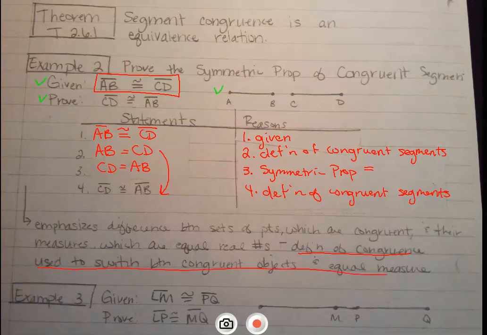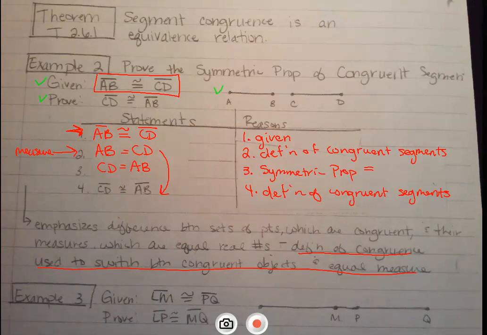Like the segments, and their measures, because this is a segment, that's an object, where this one is a measure. You can't read that at all, but it says measure.